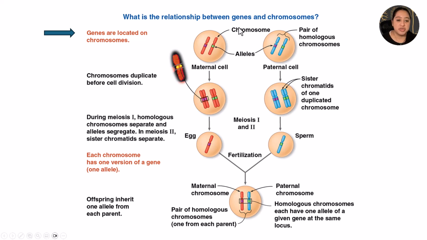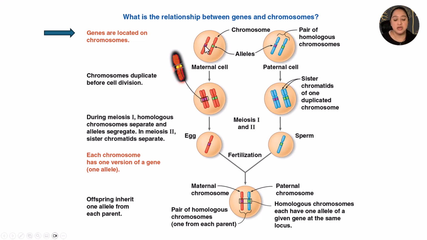If we look at the top of this figure, either on the left or on the right, these are two separate parental cells. Each parental cell is diploid, so it has two copies of this chromosome, for example chromosome 1. In chromosome 1, there are these recipes for things.